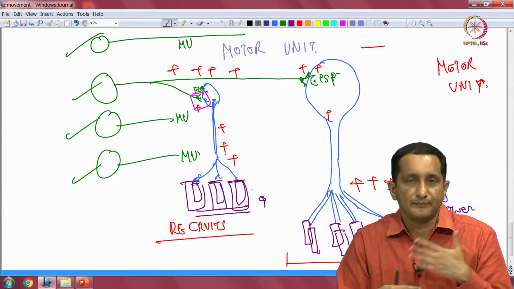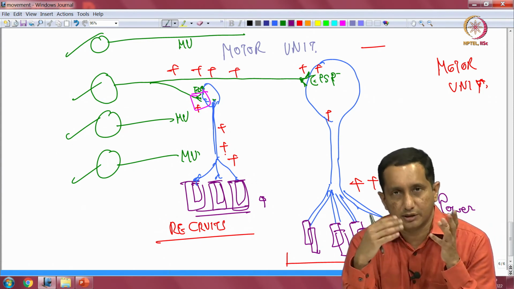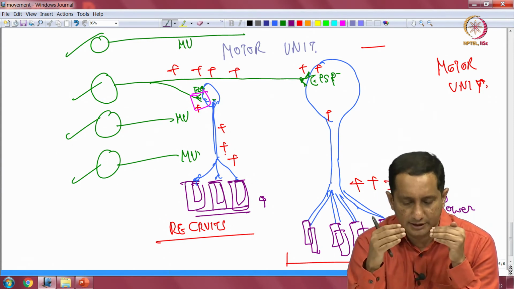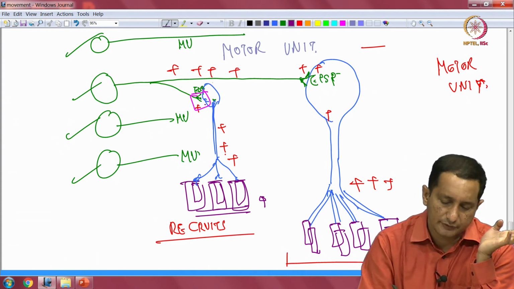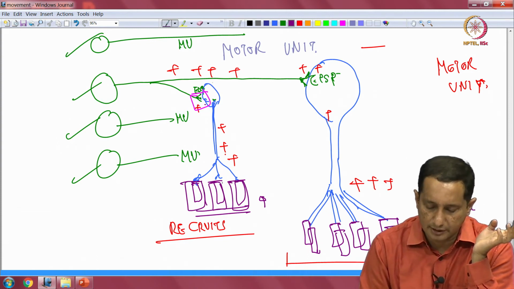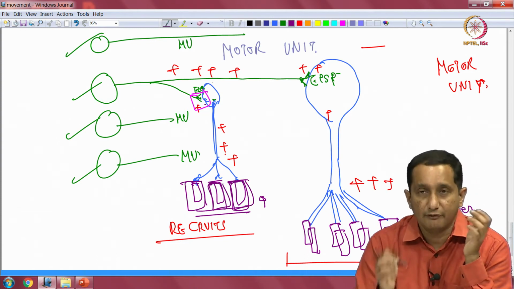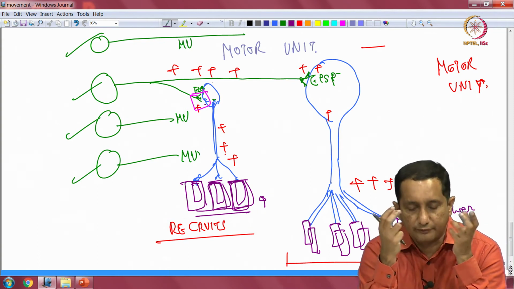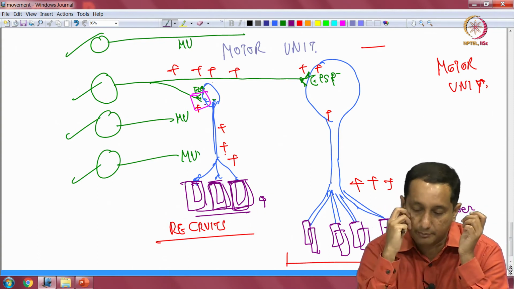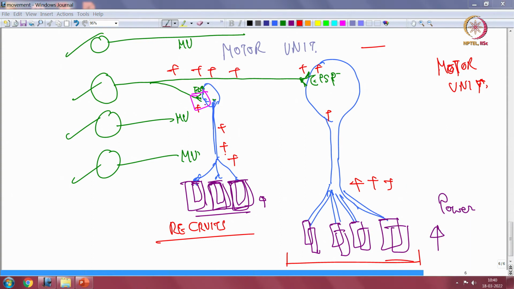So, muscle improves its bulk with training and exercise, and repeated stimulation of a particular pathway results in increased bulk of the muscle. That is how you have better control and finer movements generated from the pathway. So, different motor units are assigned to a task. This way of assignment is what has been shown over here.